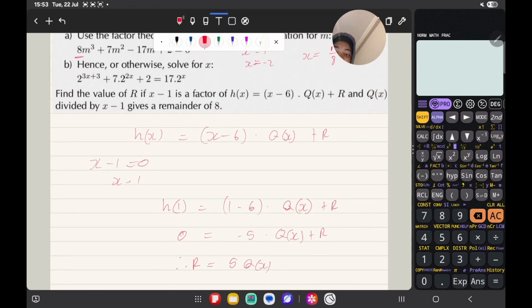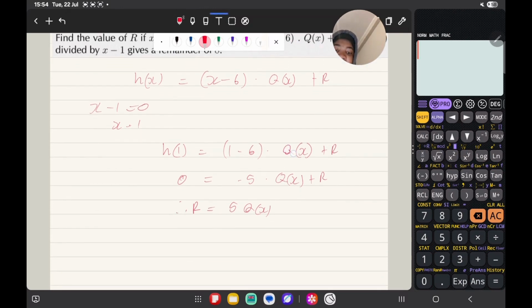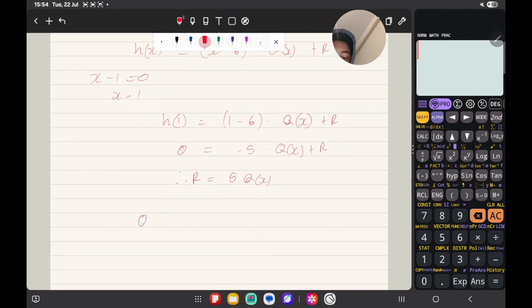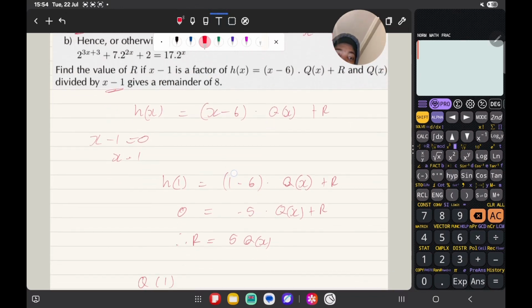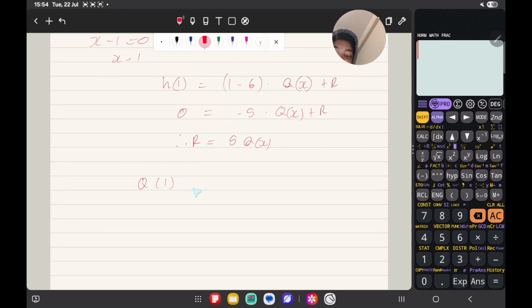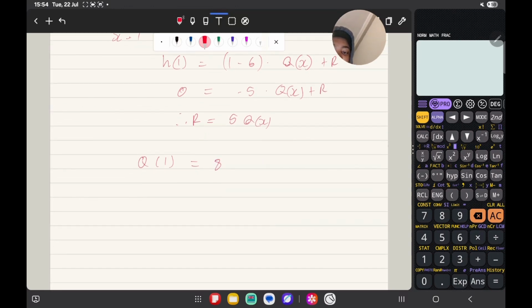And then they say that if this divides q(x), the remainder is 8. That means if I go to q(x) and substitute 1, because of this x minus 1, it's going to give me my remainder, which is 8.